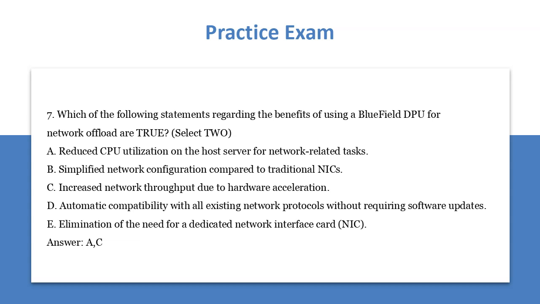C. Increased network throughput due to hardware acceleration. D. Automatic compatibility with all existing network protocols without requiring software updates. E. Elimination of the need for a dedicated network interface card, NIC. Answer: A, C.